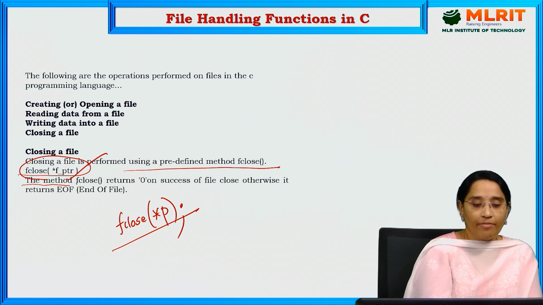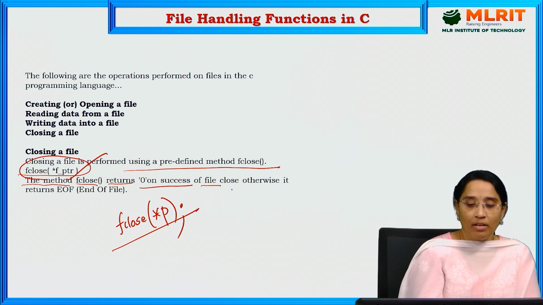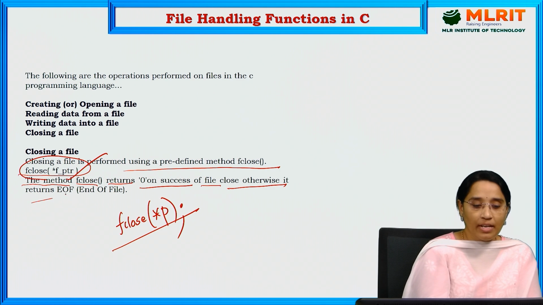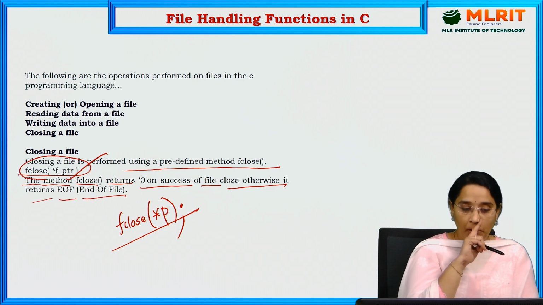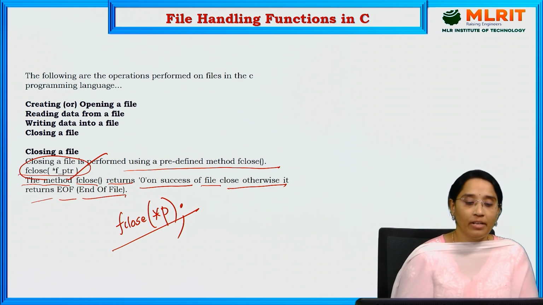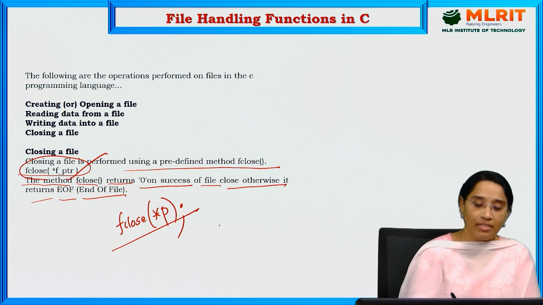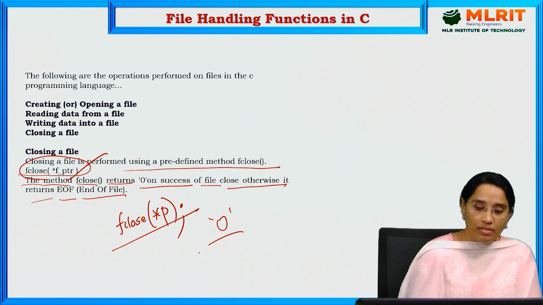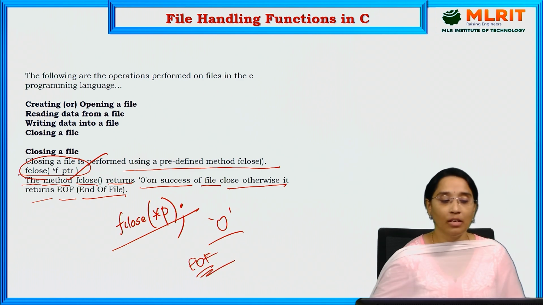This method fclose returns 0 on success of file close, otherwise it returns EOF. EOF represents the end of the file.